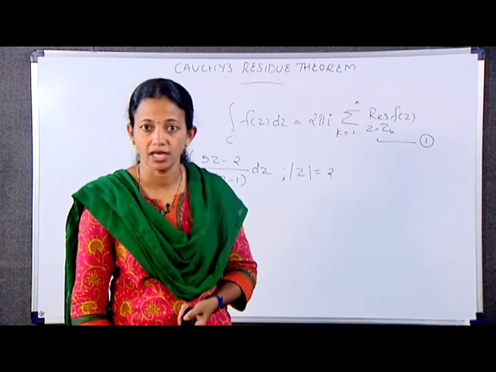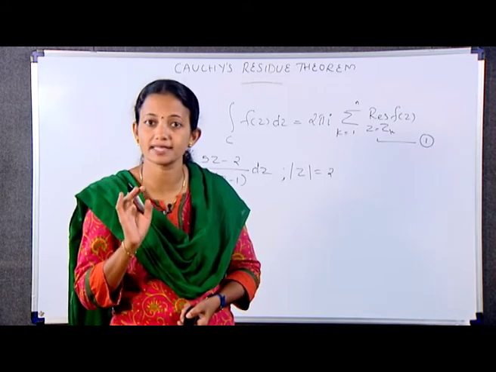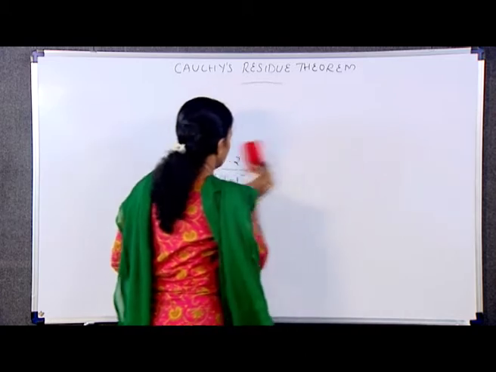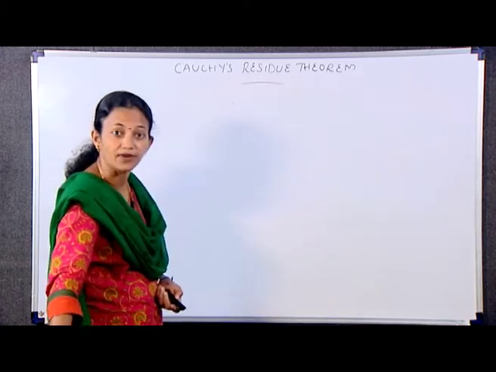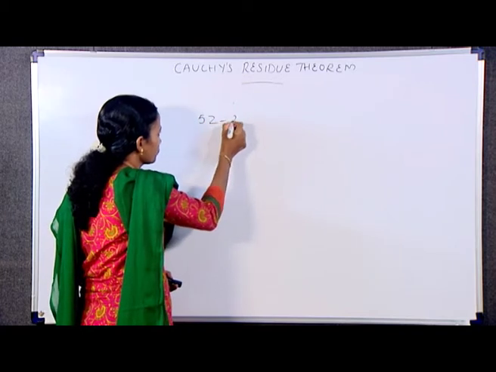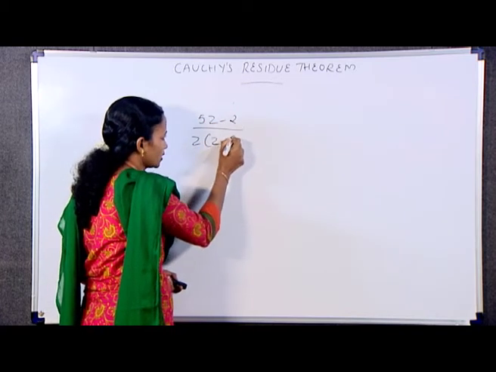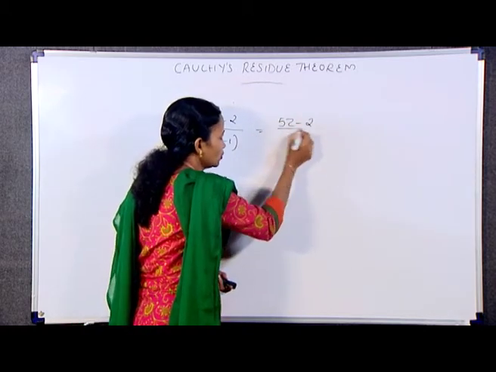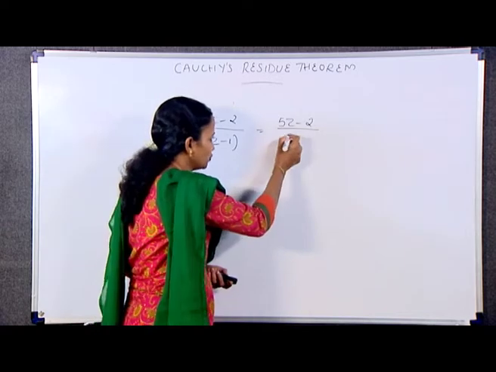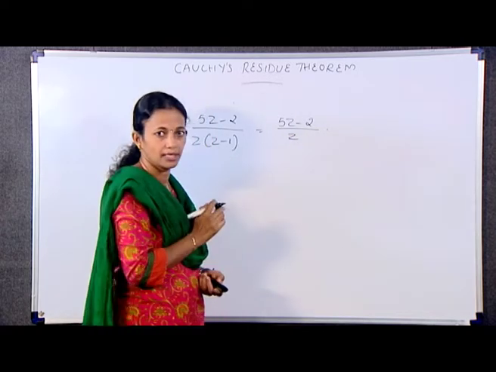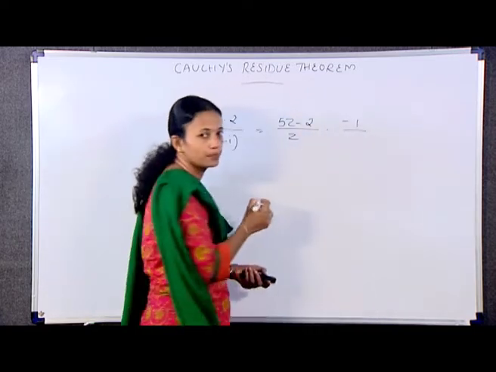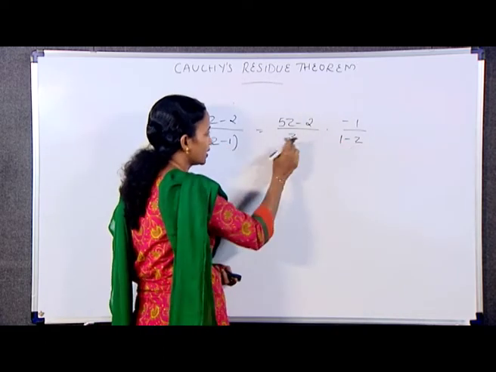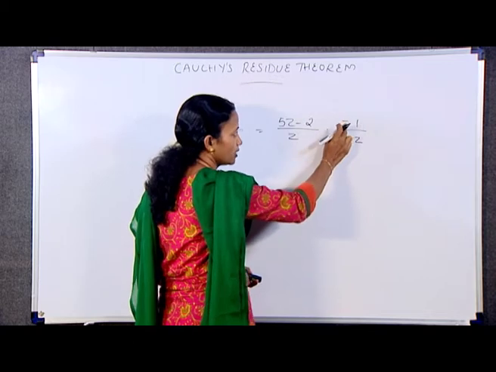We observe first that when 0 is less than mod z less than 1, (5z minus 2) by z into (z minus 1) we can write as (5z minus 2) by z into minus 1 by (1 minus z). Here actually we have z minus 1, I am taking it as 1 minus z and putting a negative here.